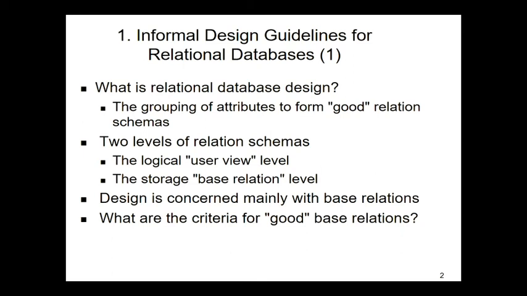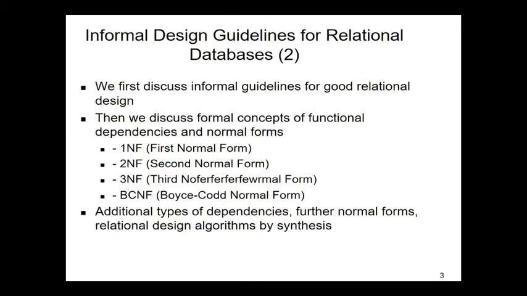from the database management system perspective. So what are the criteria for good base relations? We'll talk about that, and then we will talk about the normalization process. We have different types of normalization: first, second, third.